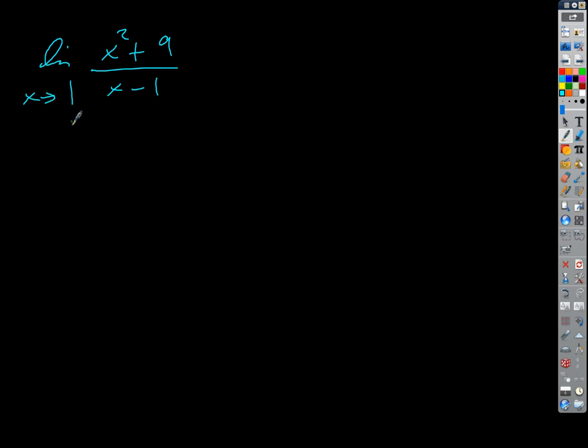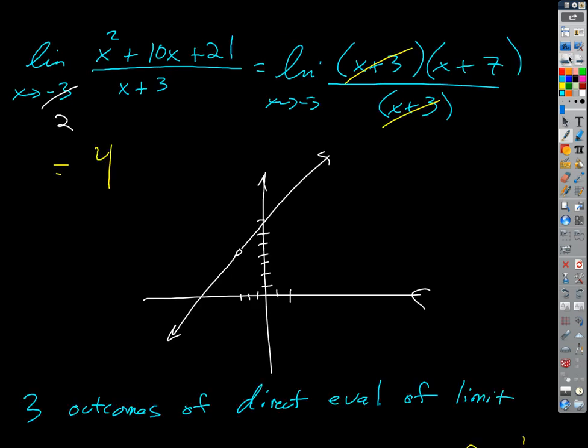What's that give us? 10 over 0. What's that mean? No limit, done. Right?